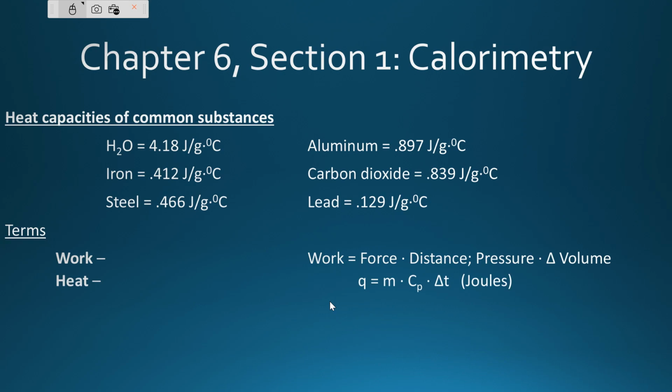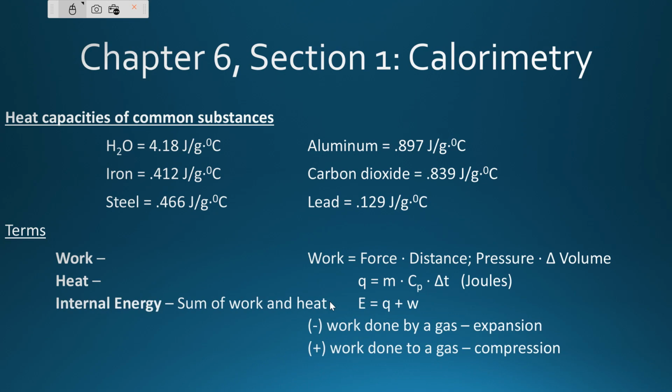My heat itself is a Q value, which is a function of the mass times the specific heat times my change in temperature. There's also the internal energy that goes with this. The energy itself is my Q value, my heat, plus my work. If we get a negative value, work is done by a gas. If we see work done to a gas, it's going to compress it down.